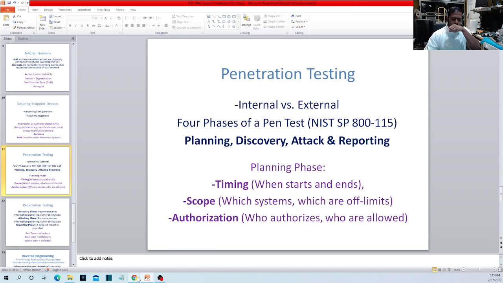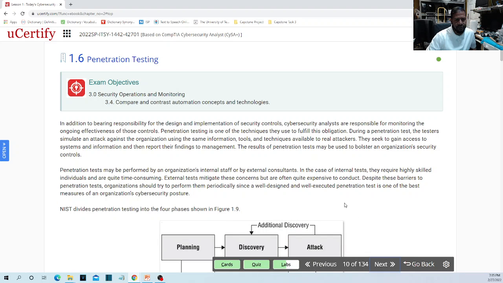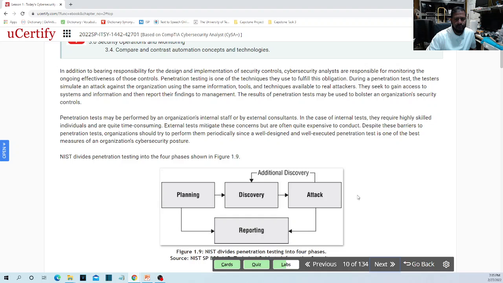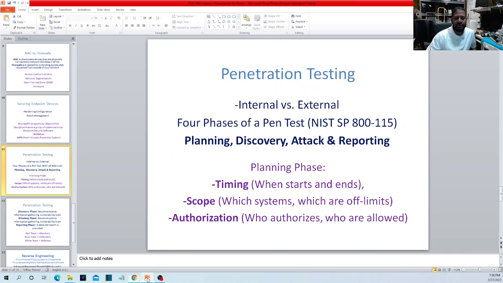We're going to talk about penetration testing. It's a very, very important step that you take to secure your network. From time to time, you arrange penetration testing.